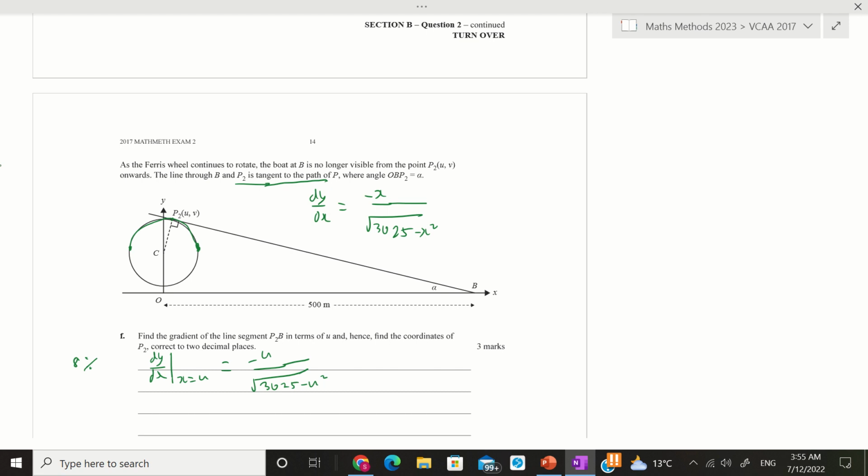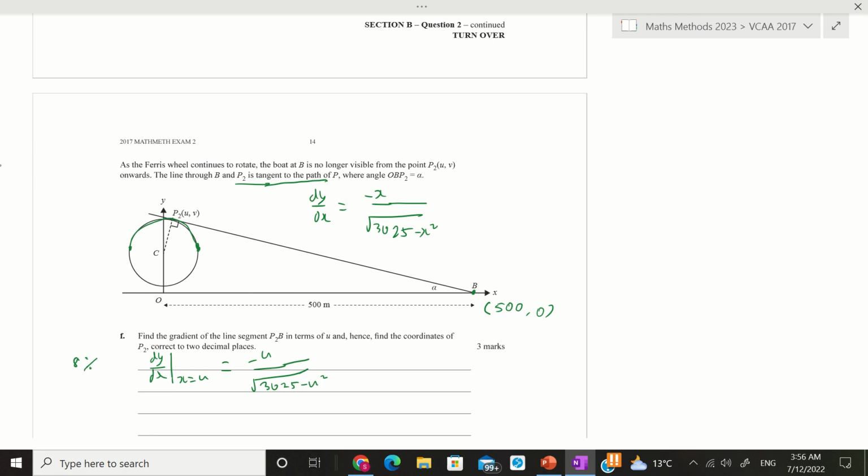So we have to find another piece of information that will represent the gradient of this line. Turns out that's not too hard to do, because we've been given the coordinates of this point B. We're told that it's 500 meters away from O, so its coordinates are (500, 0).